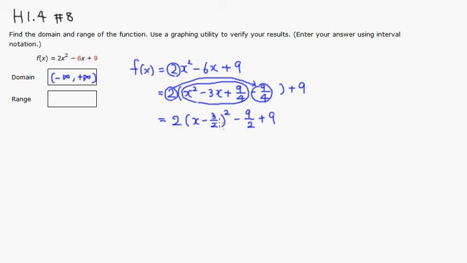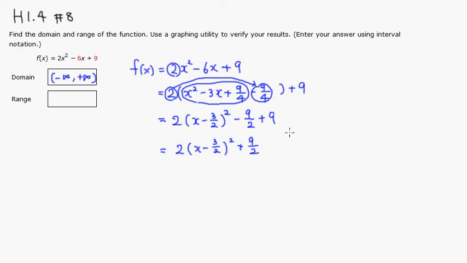So by combining these two terms, we get 2 times x minus 3/2 squared. And combining these two terms, you're going to get the positive 9/2.